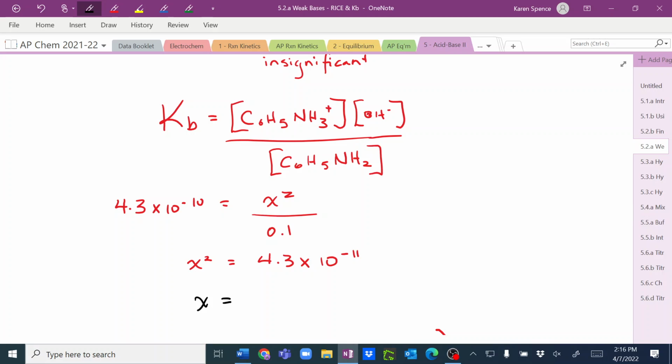You're good? And then we get 6.557 times 10 to the negative 6. And now you have to ask yourself, what does that x value represent?